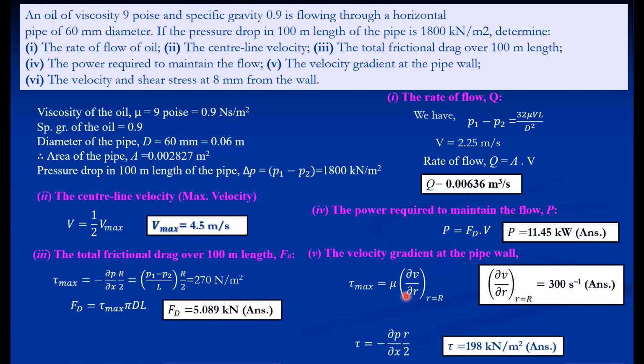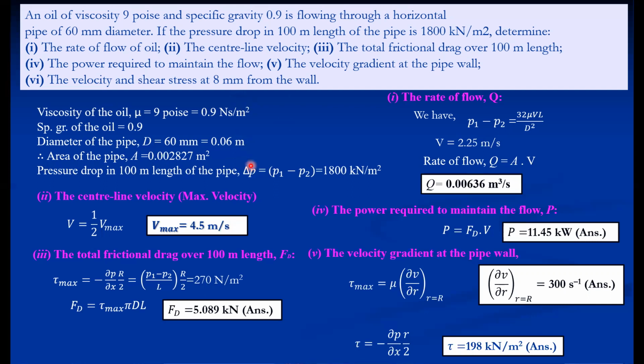The expression of local shear stress is this. Putting all the required values, we find the velocity and shear stress at 8 mm from the wall. So this is not actually r. r is nothing but capital R, that is 0.03 minus 8 mm, because it is 8 mm from the wall.